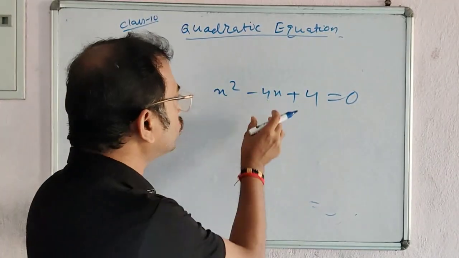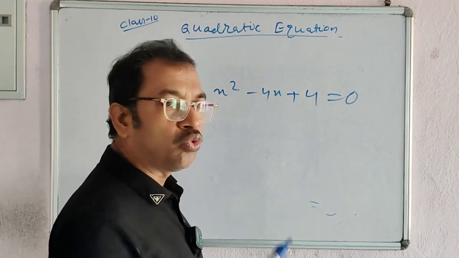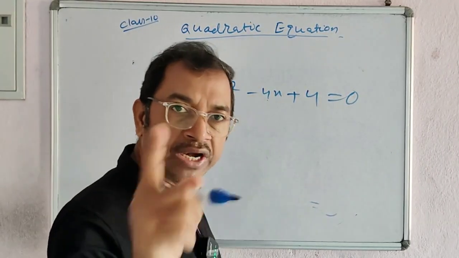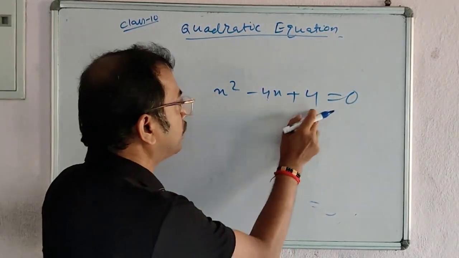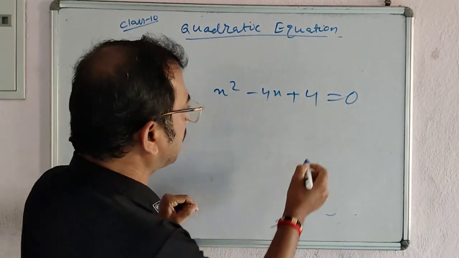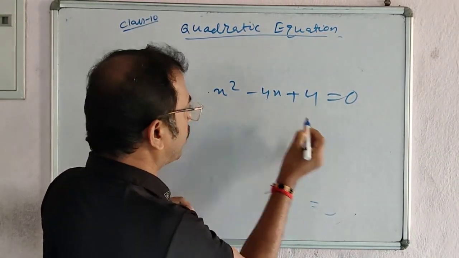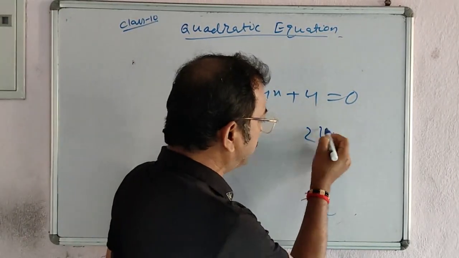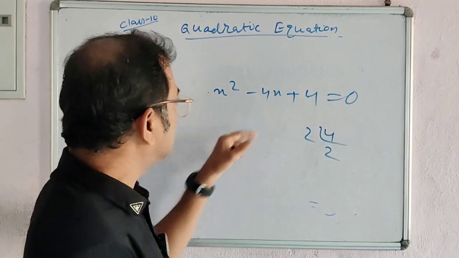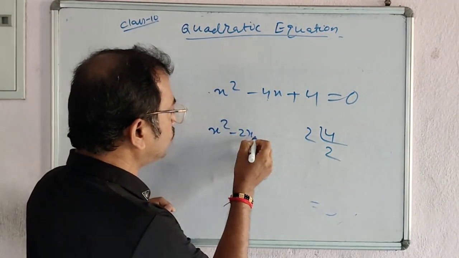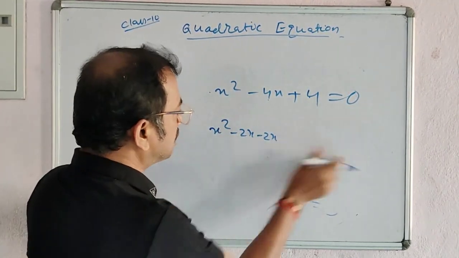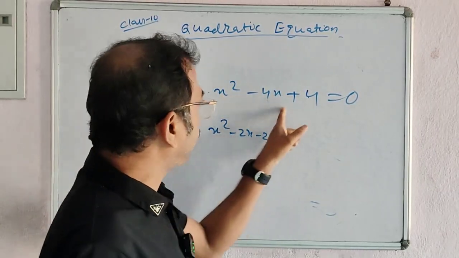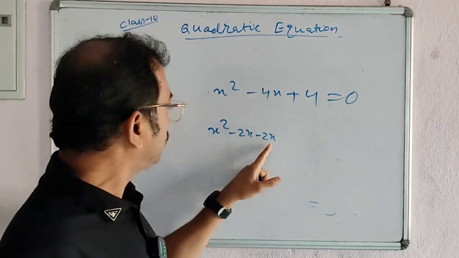So how will we do it? Split this middle term into two terms. When you add these two, it becomes the middle one, and if you multiply these two, it becomes the product of the extremes. See, the product of the extremes is coefficient 4 into 1, that is 4. So how will we split the middle? Take the prime factors of 4: 2 and 2. So x square minus 2x minus 2x.